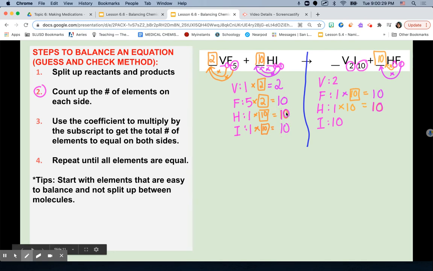So by fixing H, I also magically fixed I where they have 10 on both sides. So if I check my elements from the reactants to the product side, they're all equal to each other. So my coefficients are going to be 2, 10. The blank means I just have 1, and then 10.